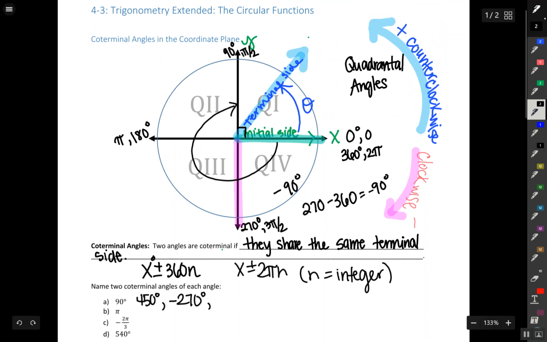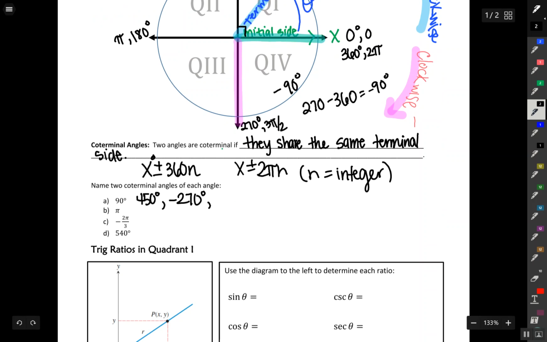And remember, I'm just adding or subtracting 360 just once. I can add 10 360s. I could add 3,600 degrees to 90. So I get 3,690 degrees. That would be coterminal. And I only asked for two. I'm just giving you extra examples.